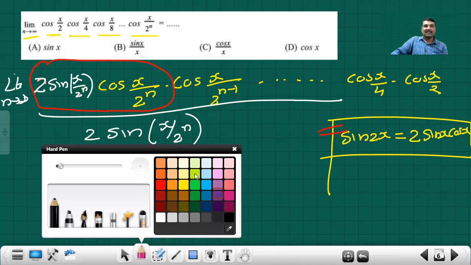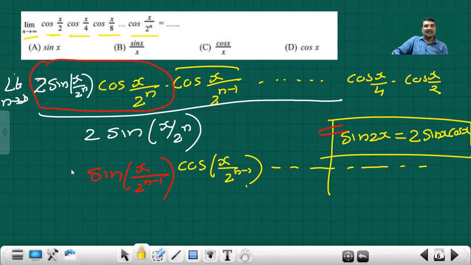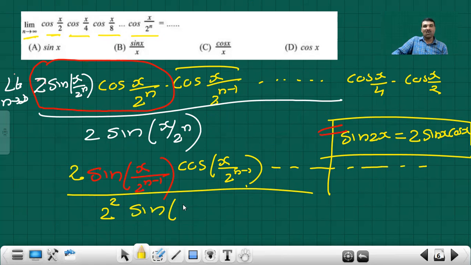This into our next term is this cosine term, cos x by 2 raised to n minus 1, and the remaining terms. So we multiply this with 2. Right. So we have to divide by this. So this becomes 2 square into sine of x by 2 raised to n.